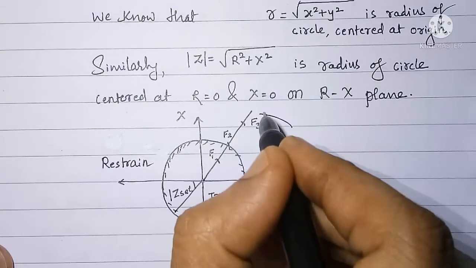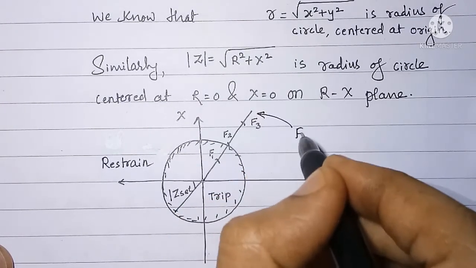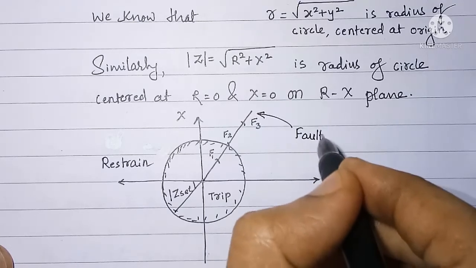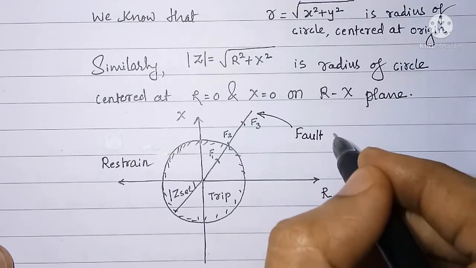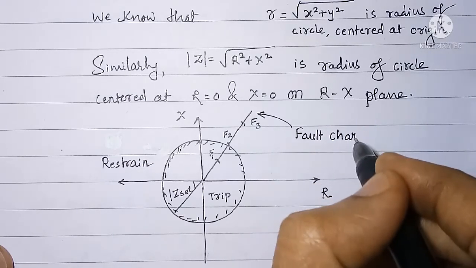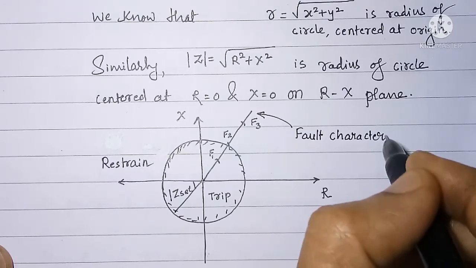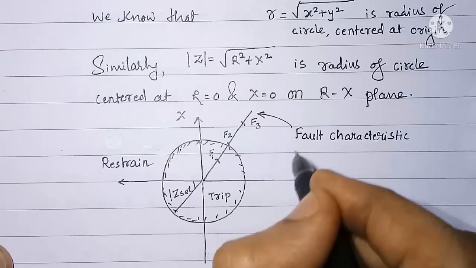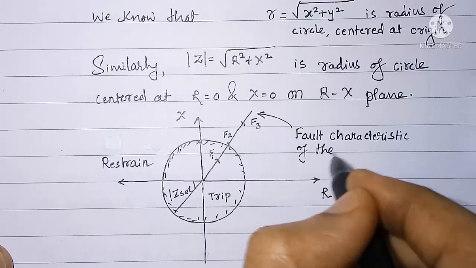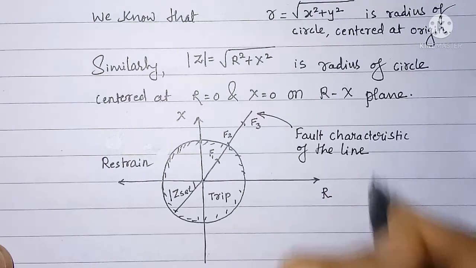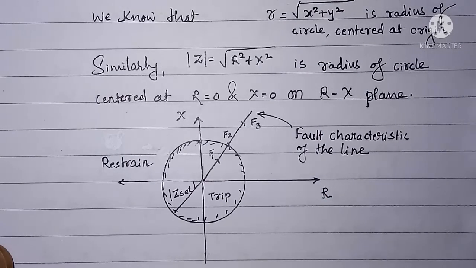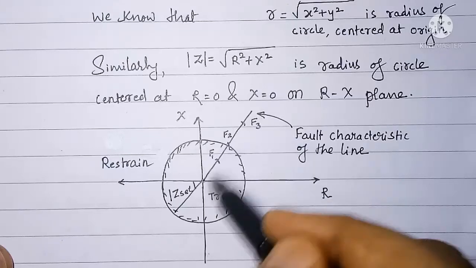What is this? This is fault characteristic of the line. And it is in first quadrant.